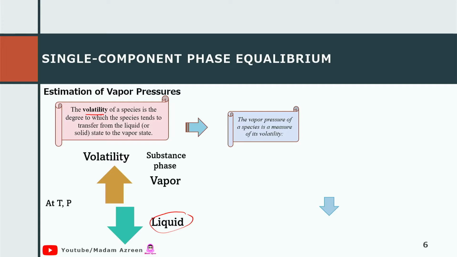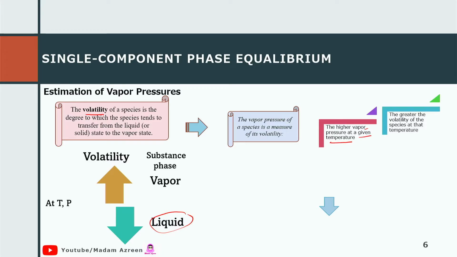The higher the vapor pressure at a given temperature, the greater the volatility at that temperature. Pressure and temperature always come together. When we say a vapor pressure, it must be at a specific temperature.